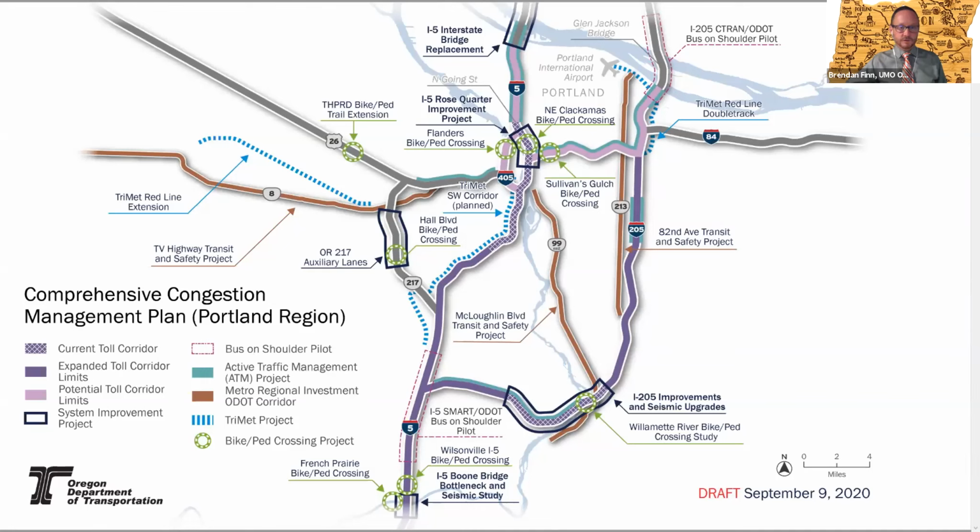Obviously, we're looking at how we balance all of that out through the toll program and existing funds to see if we can fund everything. That's what the OTC has told us to do: take a comprehensive look, don't look at project by project, and come back to us with a plan on implementing this entire vision and strategy.